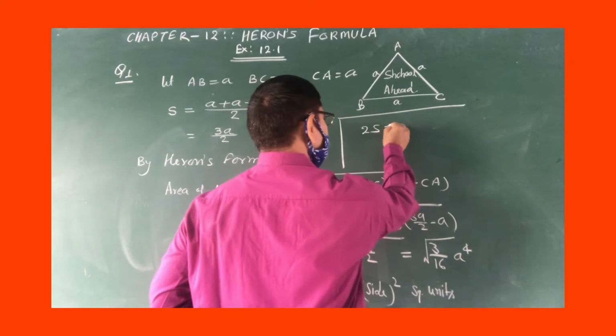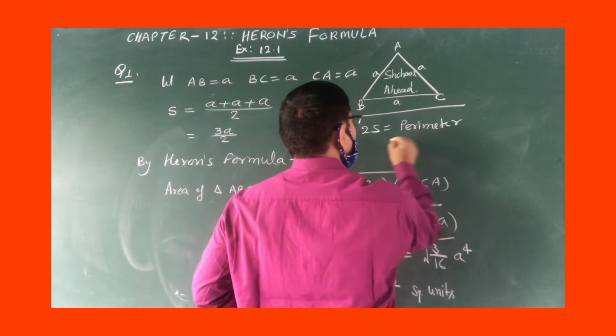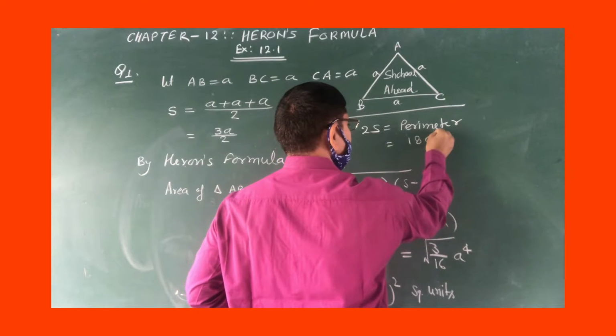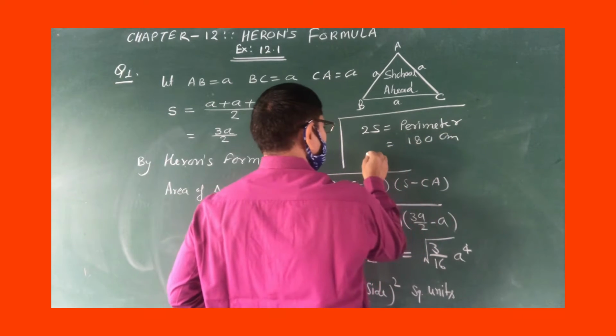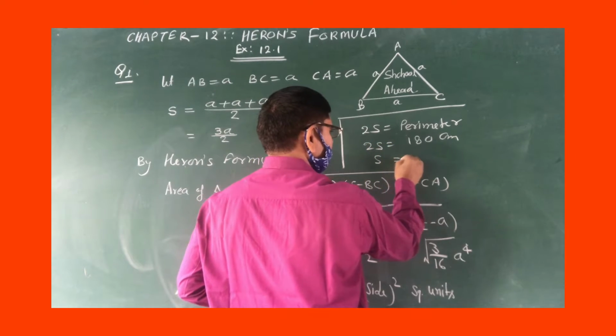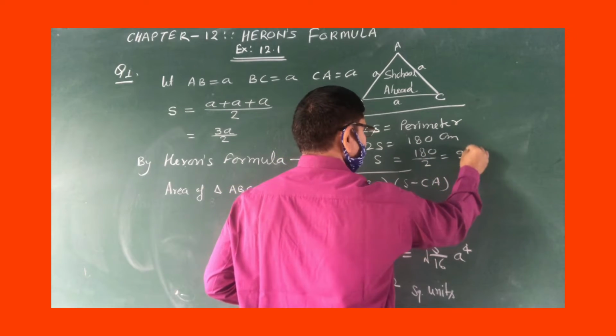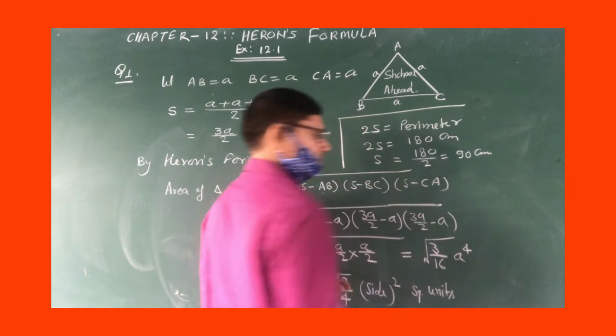And the perimeter is given as 180 centimeter. So dear, s equal to, can you find? Yes dear, 180 divided by 2, that is 90 centimeter.